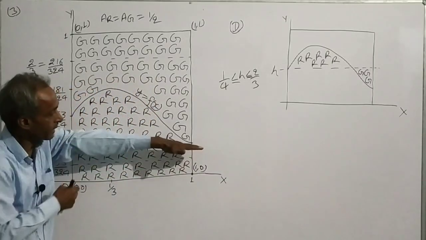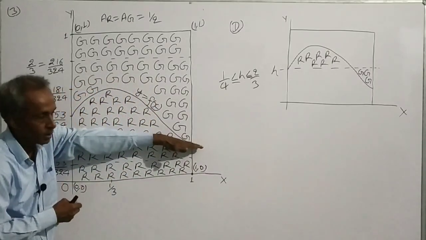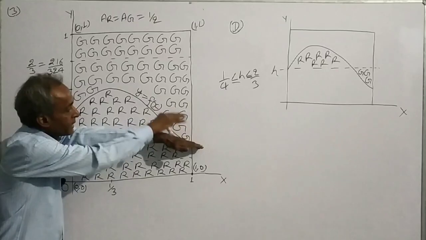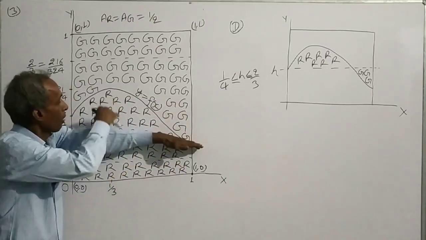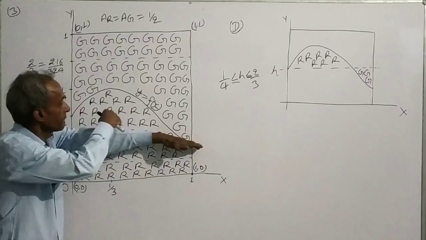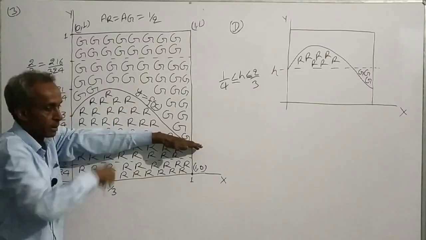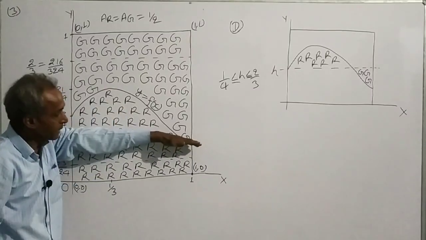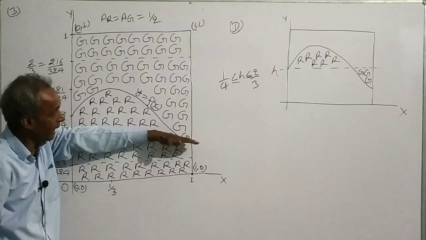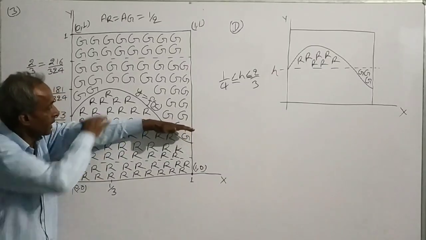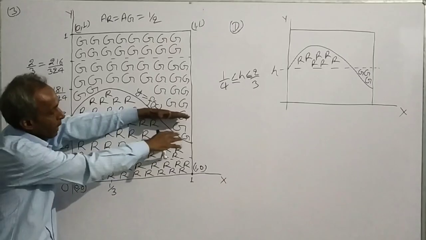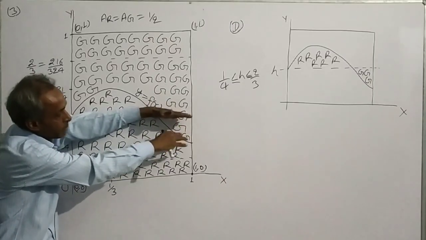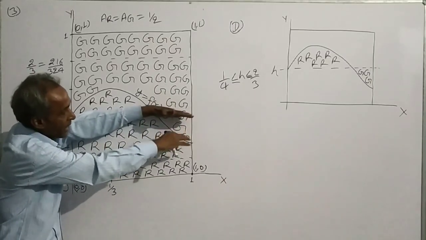When the horizontal line is here, the area of the green region below this line is 0, but the area of the red region is some positive number. As we move the horizontal line above, the area of the red region starts decreasing, while the area of the green region below this line starts increasing.